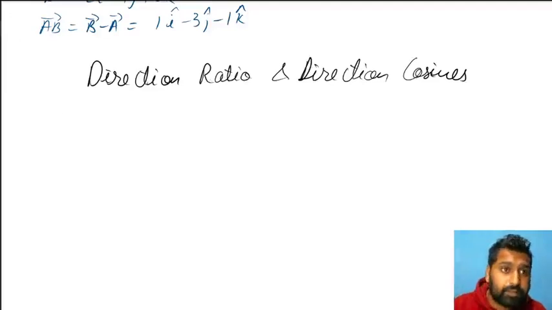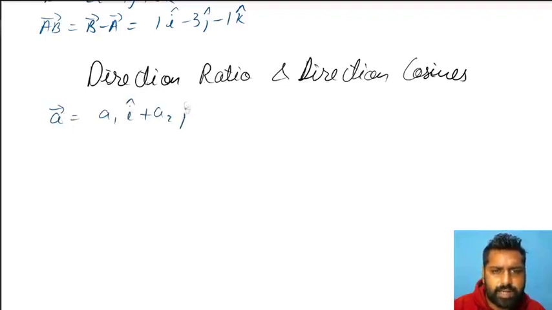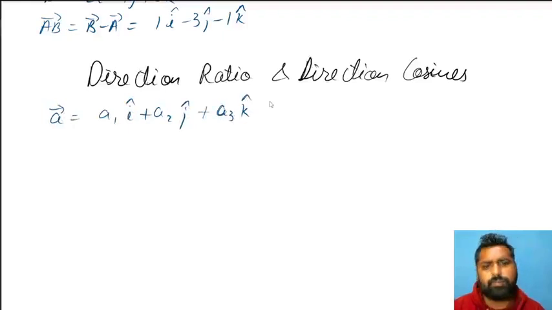Okay. So let's take a vector, let's say A. So A1 i cap, A2 j cap, A3 k cap. Okay, 1 2 3 some numbers, I don't know. That's your A vector.